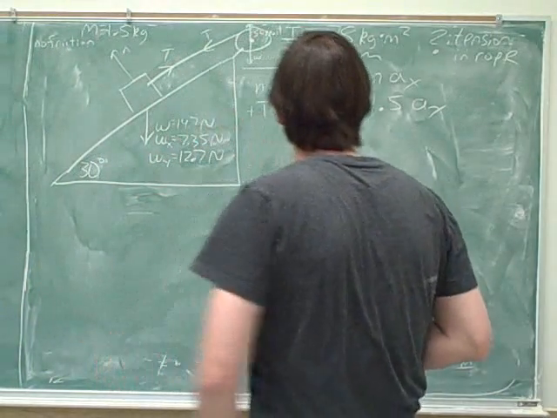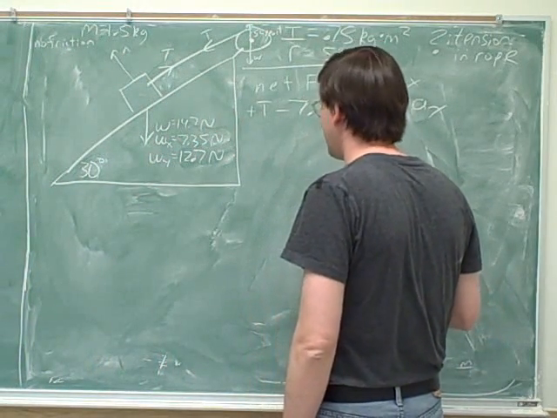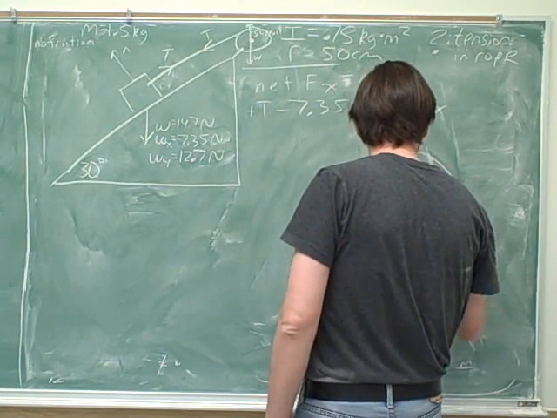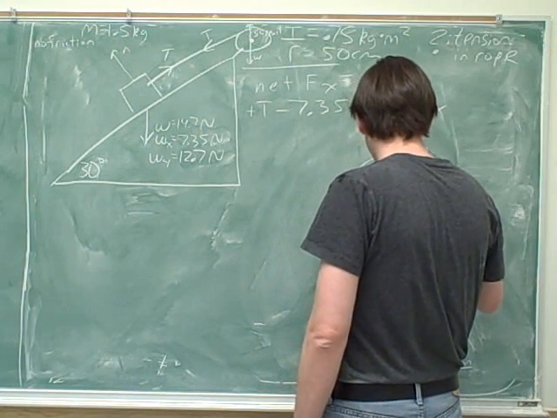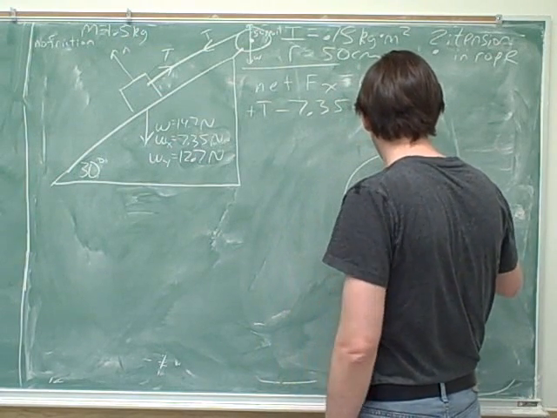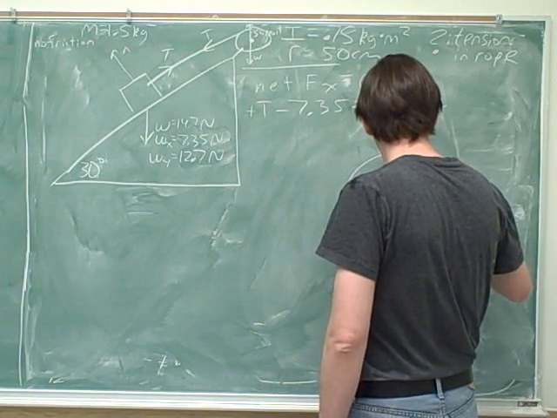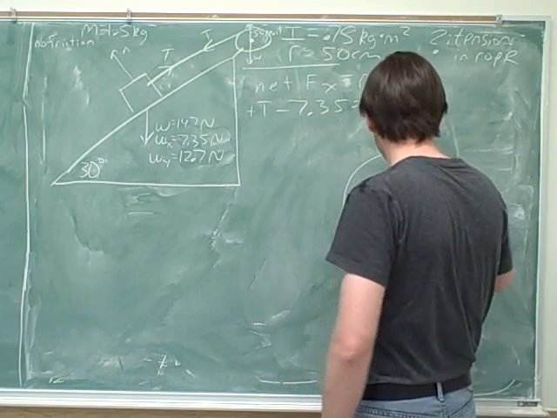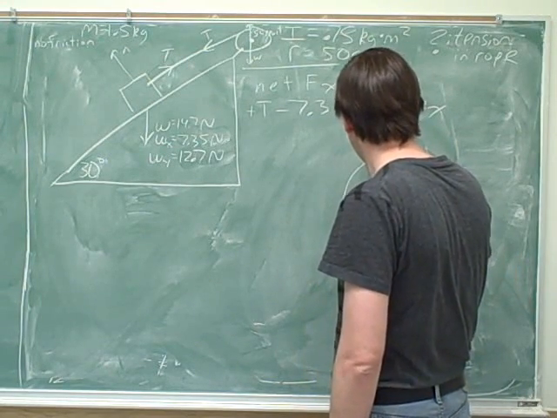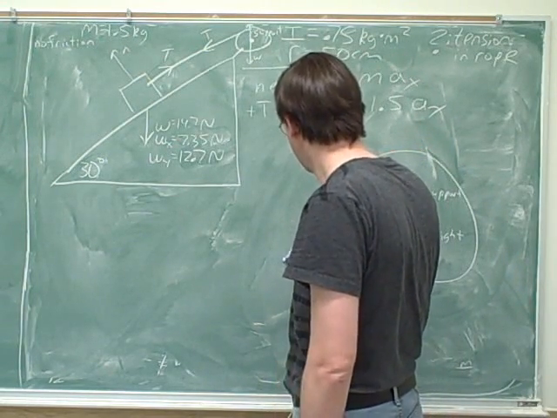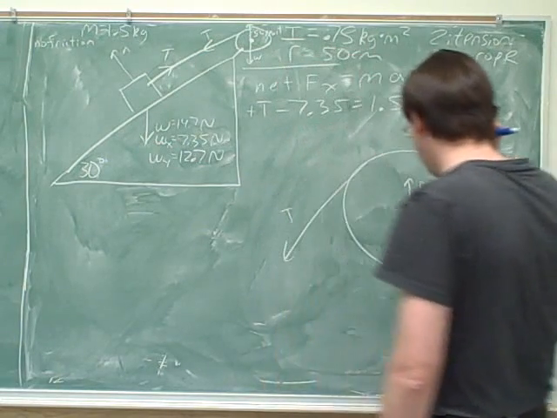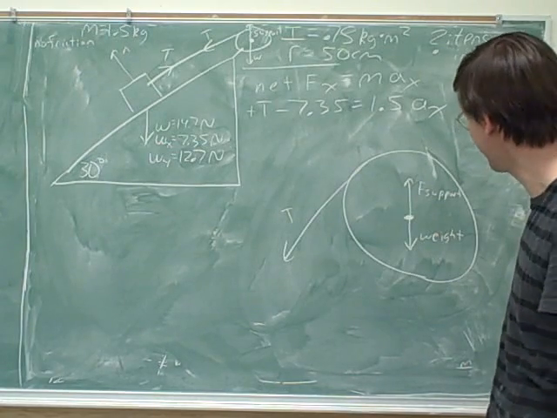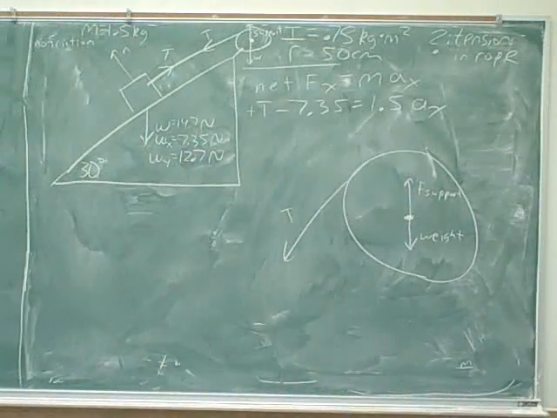Let me show you how to think about that. Maybe I'll draw a bigger picture here. Okay, still not a very good picture, but it's the best I can do.